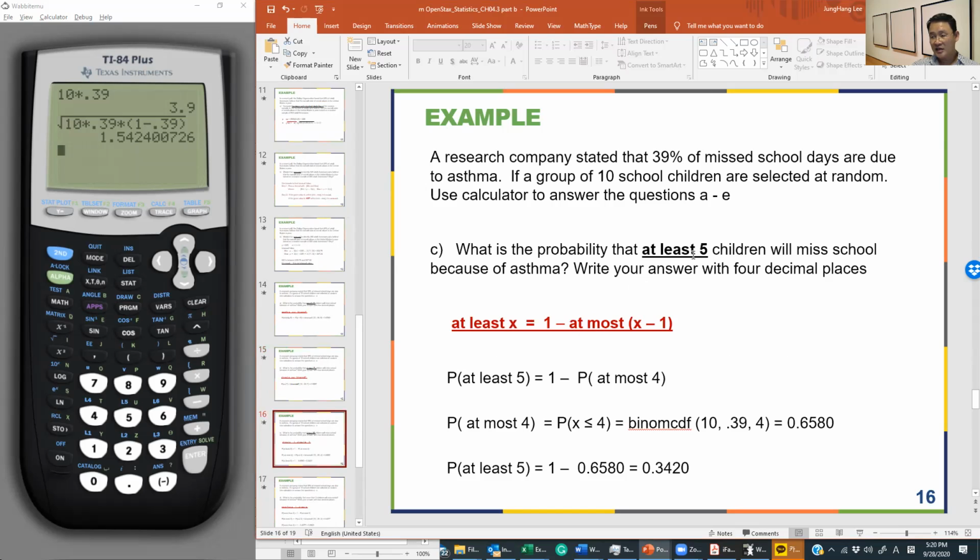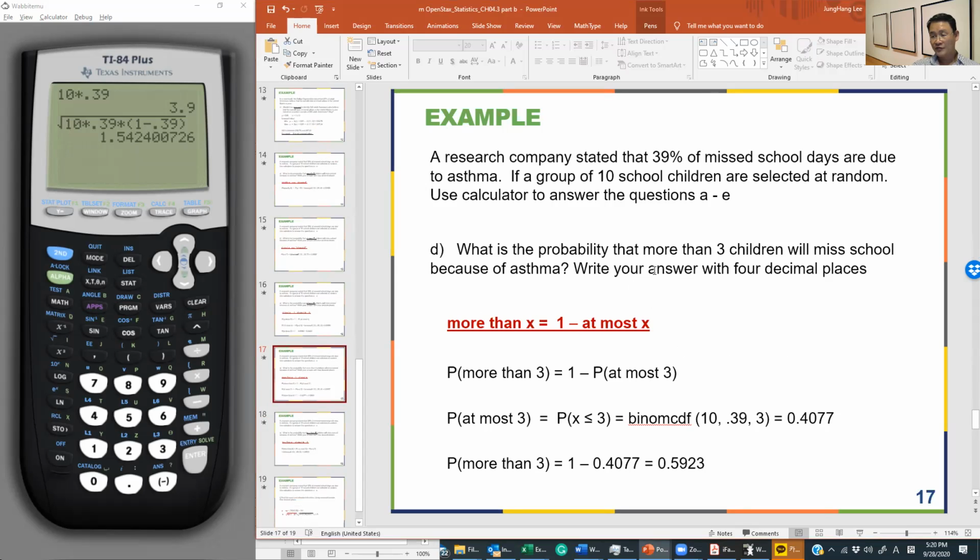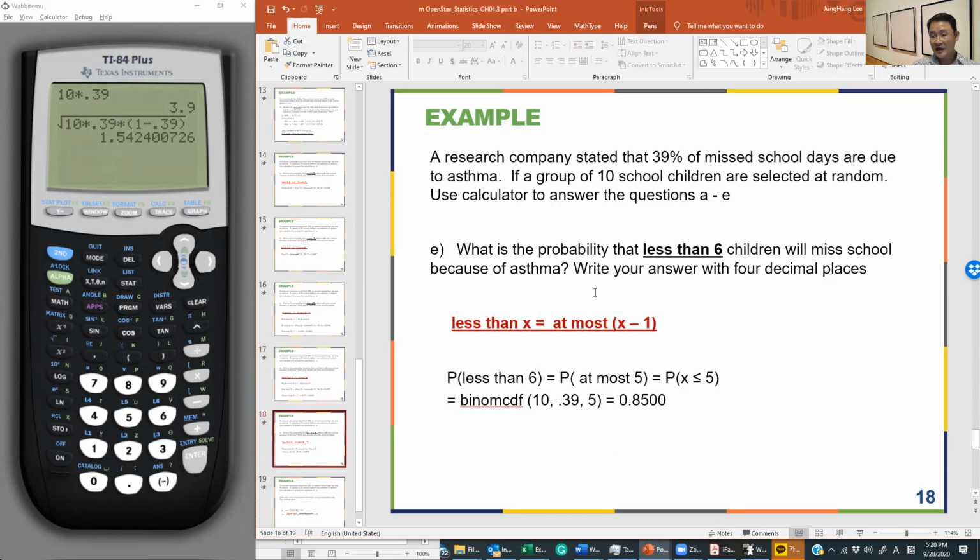If it's at least a certain value, you do 1 minus at most that value minus 1. So if it's 5, it's going to be 1 minus at most 4. If it's more than, then you do 1 minus at most the same value. And if it's less than, it's going to be at most 1 less than that x value. So if it's less than 6, then at most 5, right?